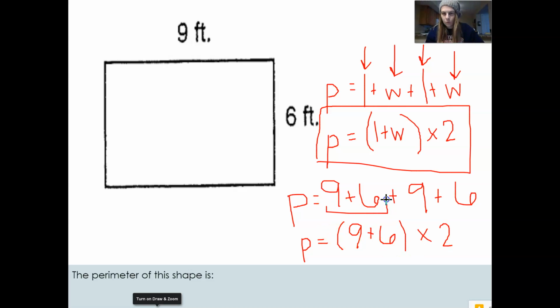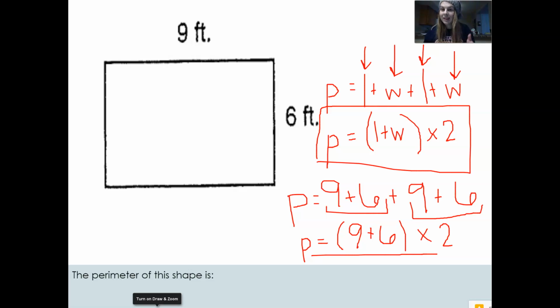Because here's one group of 9 plus 6, and here's 2 groups of 9 plus 6, just like this number sentence says. So let's clear my screen, and now that we have our numbers, let's plug it in and solve.